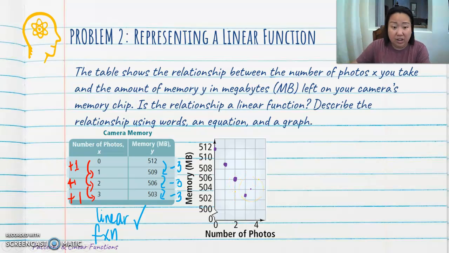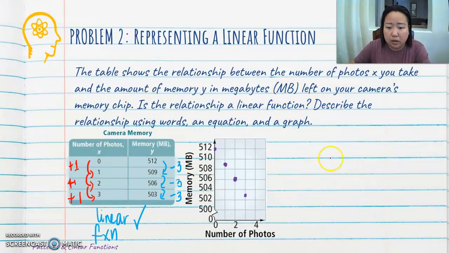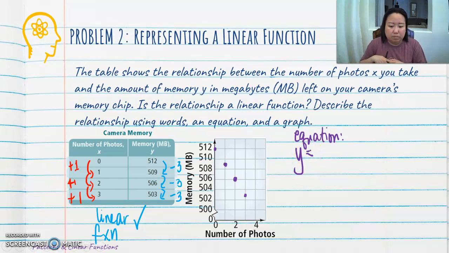So how will our equation look? The y value, the size of the memory chip, will depend on how many photos were taken.